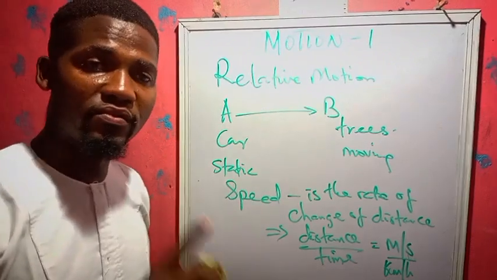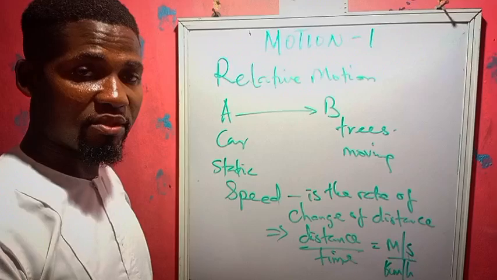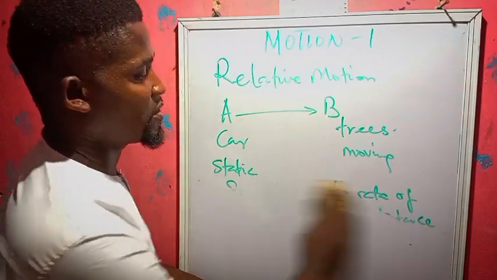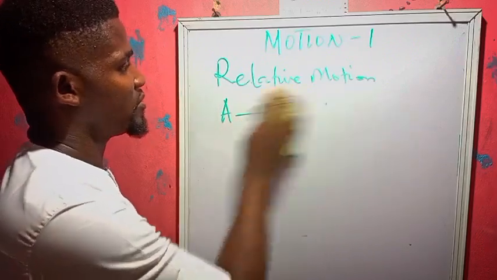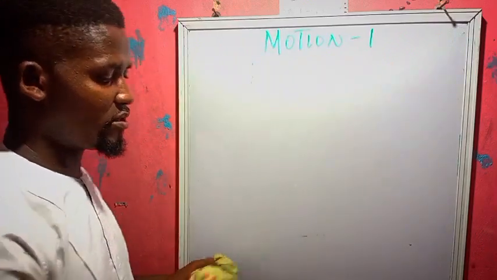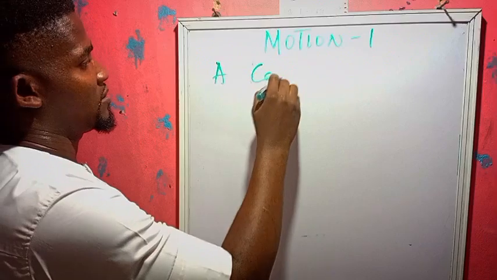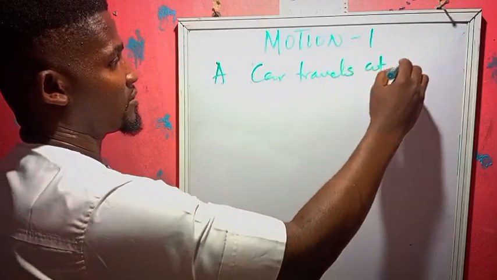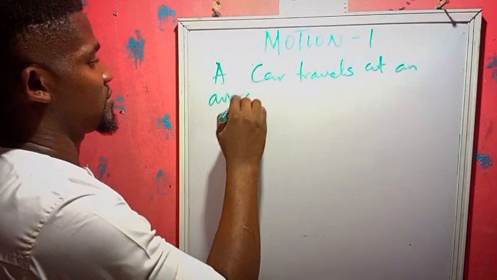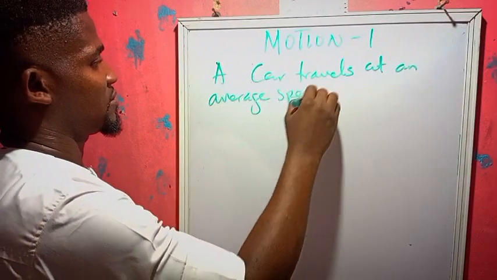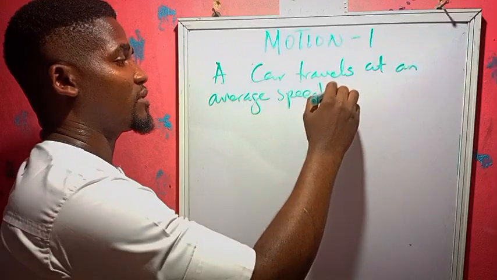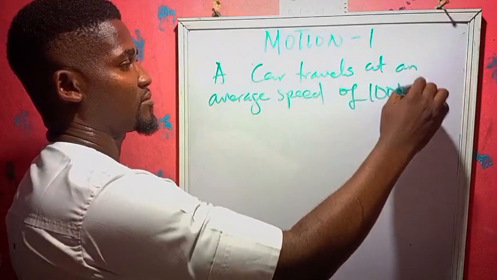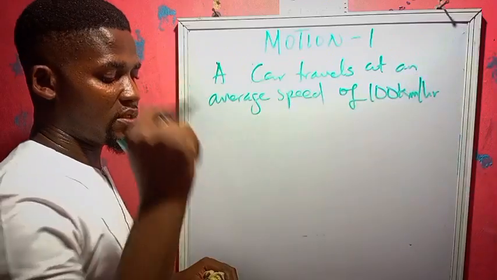So let's try to solve one question under speed, just to make sure we understand. I'll pick one question. The question says a car travels at an average speed of 100 kilometers per hour.